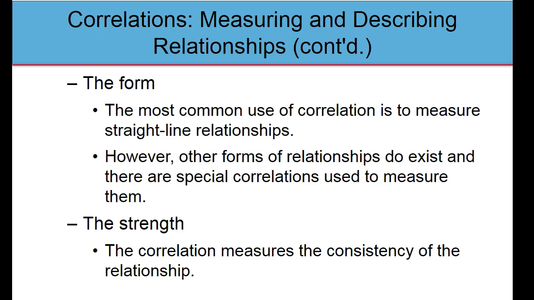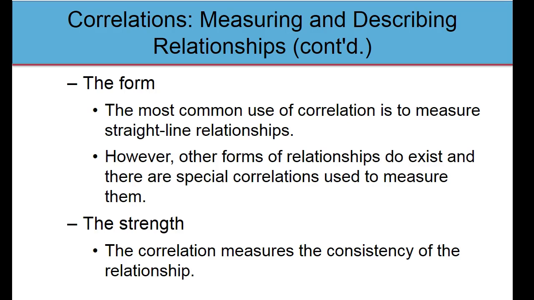It's based on the general linear model. Now there are other types of relationships that exist, and you have to use special correlations to measure them. So there could be curvilinear relationships, and so that's something to keep in mind. But that's going to be based on a different type of model than what we are typically using or referring to in this book.